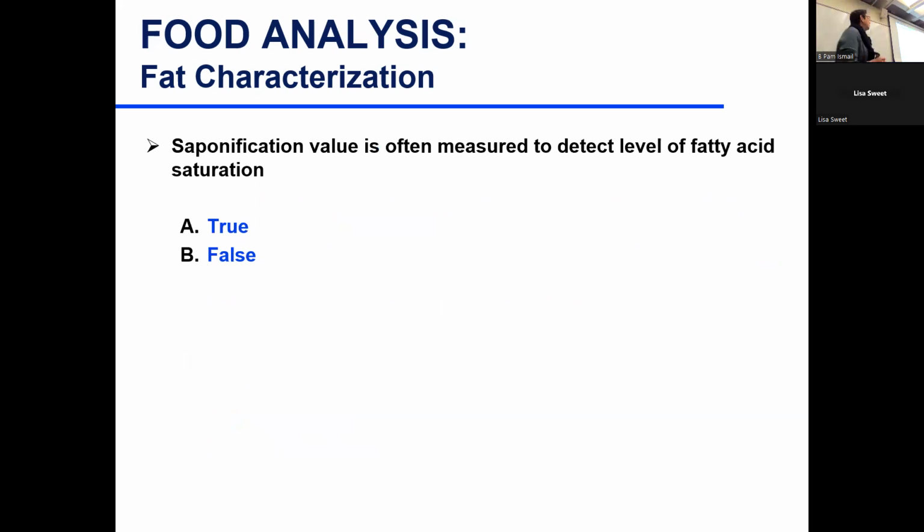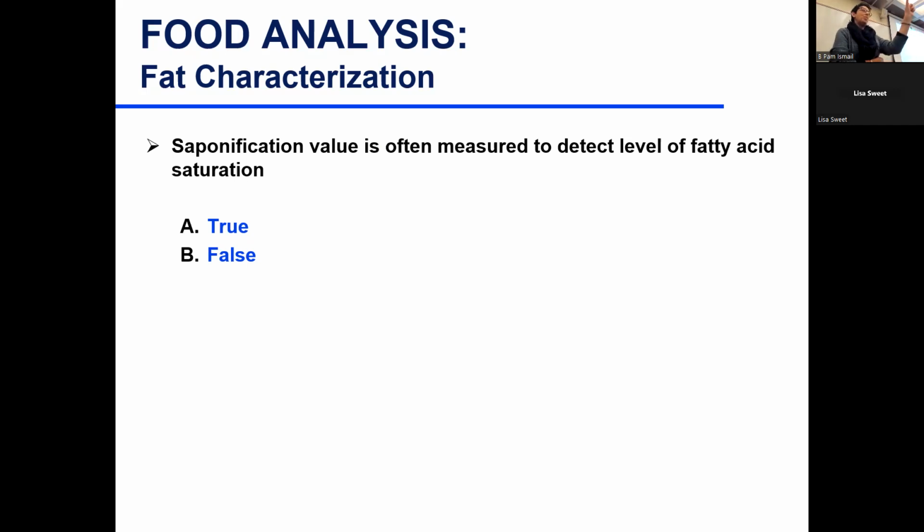Now, you're going to do saponification value in lab as well. And for the saponification value, this statement is false. This is kind of studying, and later on you'll know that this is false when we cover that. It has nothing to do with fatty acid saturation; that is iodine value.